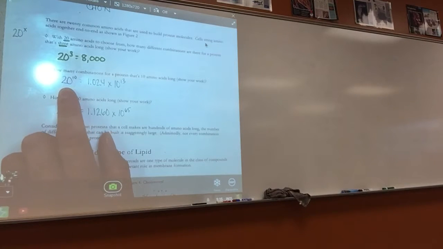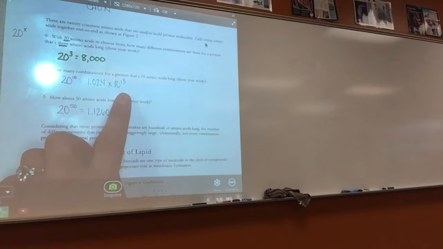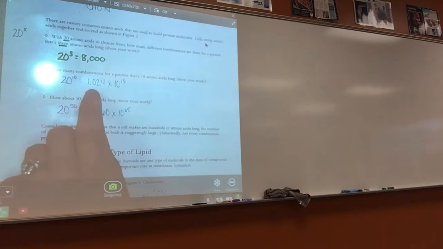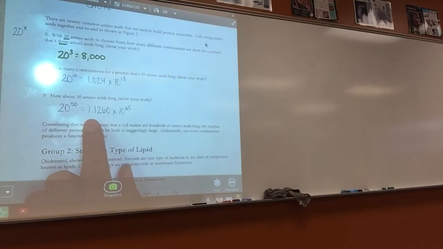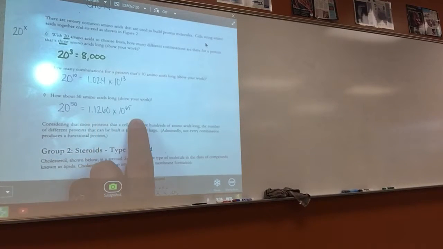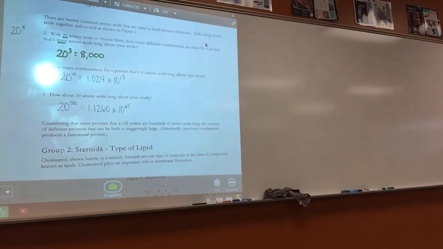Then you can see it gets much greater: 20 to the 10th for 10 amino acids long is 1.024 times 10 to the 13th. You could also move the decimal place over 13 times. They have a very large number, and then 20 to the 50th is 1.12 times 10 to the 65th. All right, so I think most people wrote it in this format.